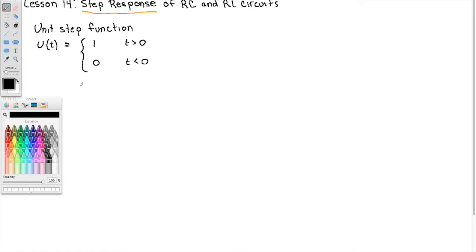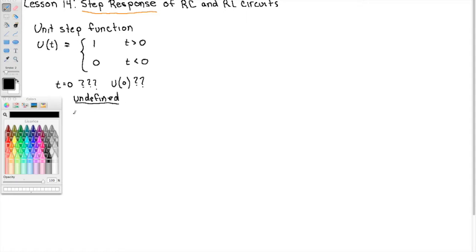Well, maybe you can ask the question, what about t equals 0? What's u of 0? What's the unit step function at 0? Well, your book leaves it undefined.